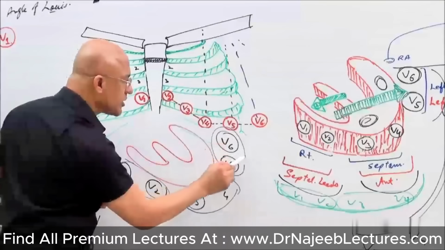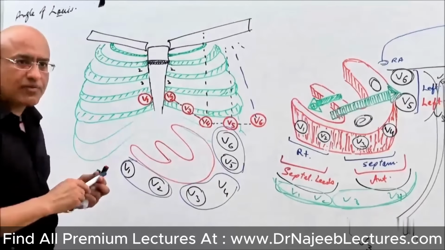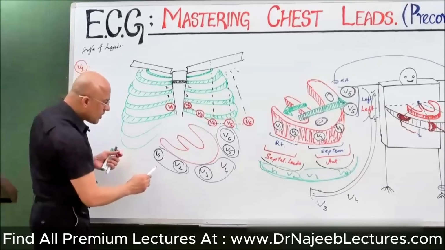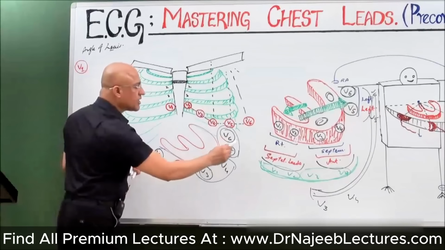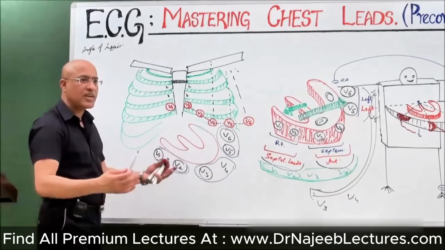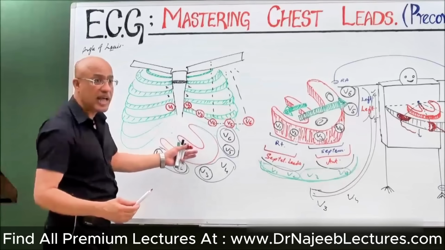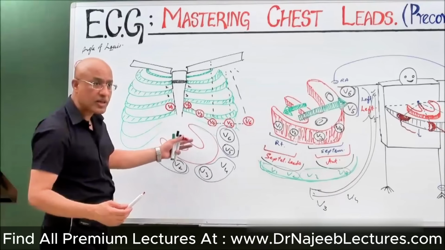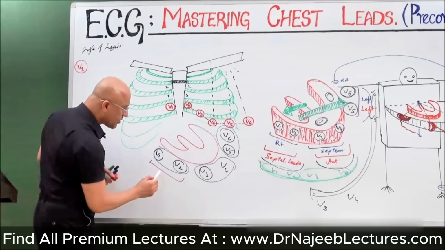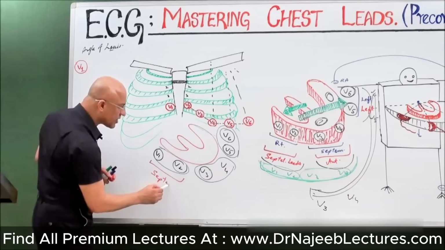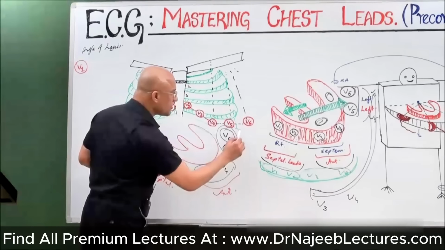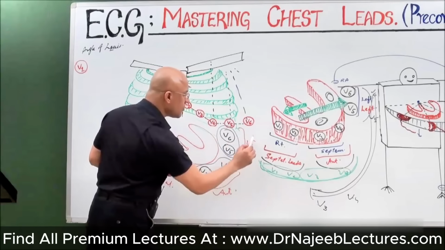V5 and 6 are oriented over the left side of the heart, left lateral. Clear? Then, electrically, whether you are looking at ischemia or infarction, or at major changes in septal and ventricular depolarization, V1 and V2 record septal electrical activity, anterior electrical activity, and lateral.